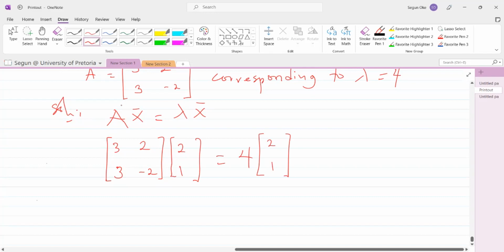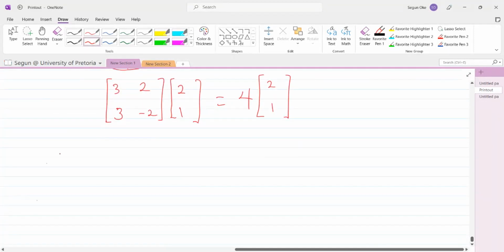So how do we know? Remember the law says it's equal, right? Are you sure if you multiply what we have here, are they going to be equal? Let's check. We all know the multiplication is row multiplied by column.